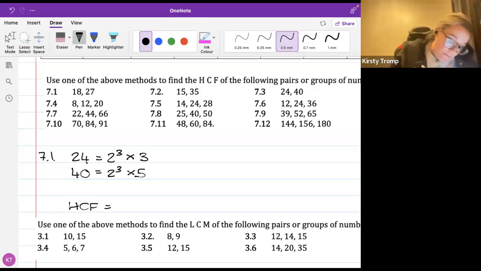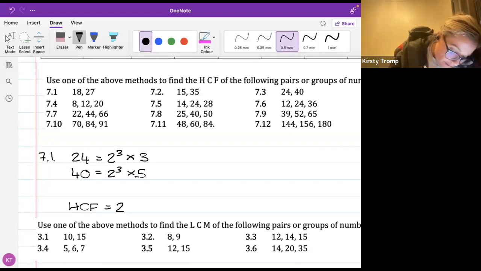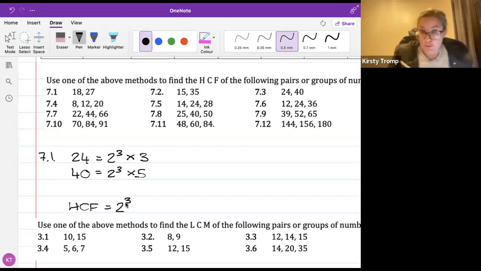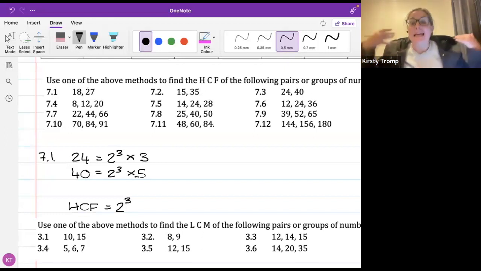I'm going to put the 2 down. Am I just going to leave it as 2? No. I'm going to make it 2 to the power of 3, because my friends want to look exactly the same.